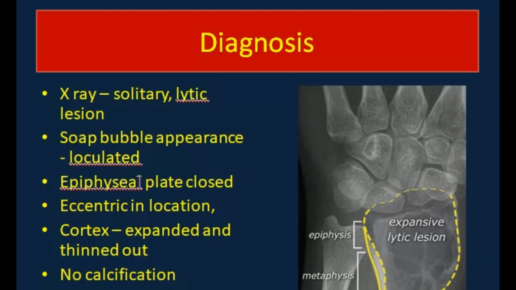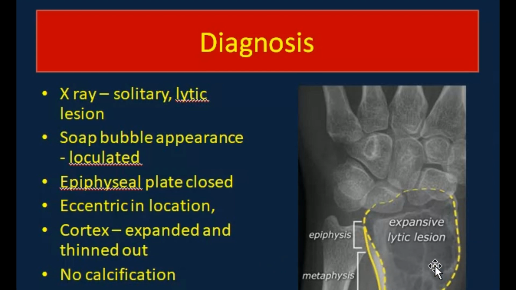And this happens once the epiphyseal plate is closed. It happens in the epiphysis, the distal part of the bone, and it happens after the epiphyseal plate is closed. So in adults, you can see this epiphyseal plate has been closed, you can't see a separation. Okay. Then it's eccentric in location, which means it's not going to be in the center, it's going to be away from the center at the end of the bone. If you look at the cortex, it is expanded and thinned out.